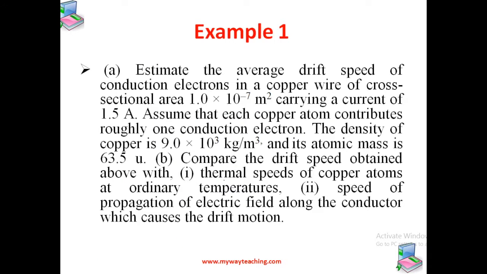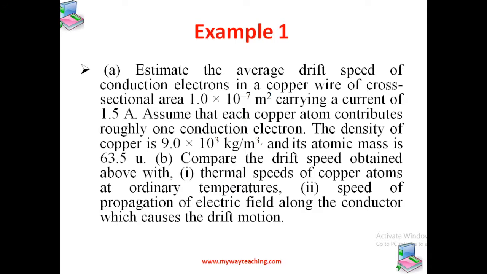Now let us see one simple example. Estimate the average drift speed of conduction electrons in a copper wire of cross-sectional area 1 x 10^-7 m^2, carrying a current of 1.5 A. Assume that each copper atom contributes roughly one conduction electron.